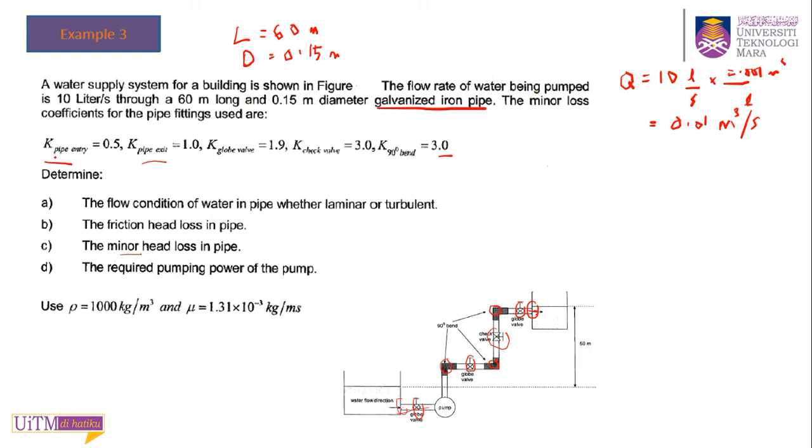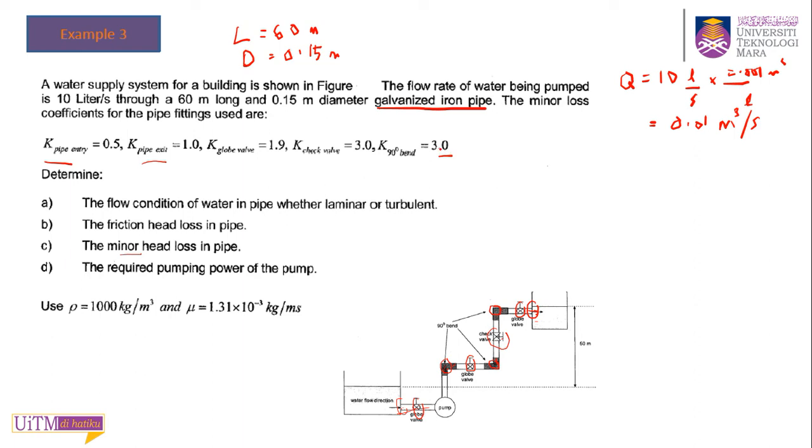The pipe entry is 0.5, and the pipe exit is 1.0. The globe valve, these three globe valves, has a loss coefficient equal to 1.9, a check valve equal to 3, and the 90 degree bends, 1, 2, 3, have a coefficient of 3.0.